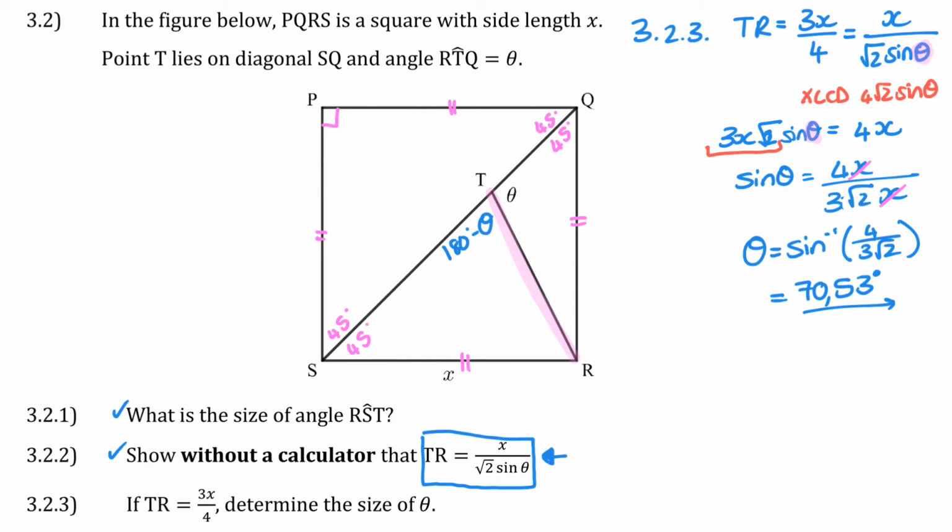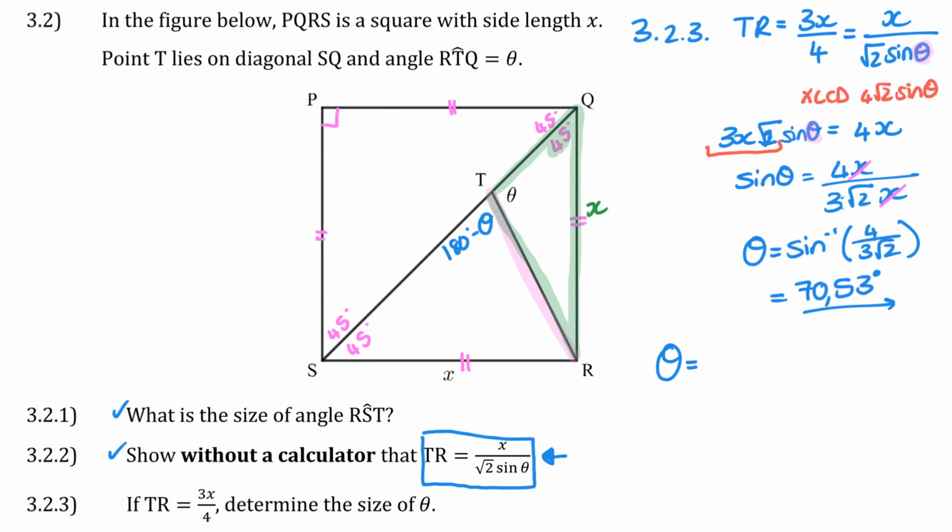Now remember, when you're using the sine rule, you need to consider, do you have an ambiguous case or not? At the moment, if I was to work in QTR, I know angle 45, and I know the side length x. I only know an angle and a side. The last angle I was trying to work out. So I definitely don't have a case for congruency. So I could possibly have an ambiguous case.